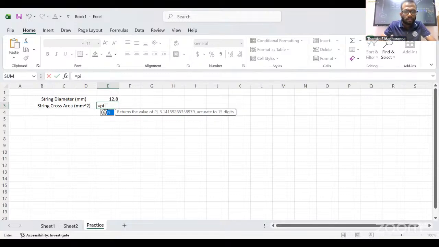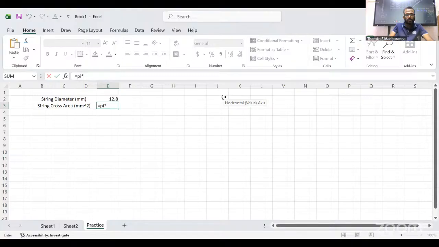Pi r squared. I want r squared. Pi multiplied by r squared. Previously in the experiment, you got the diameter. Then radius means diameter divided by 2. Diameter means this one, E2.